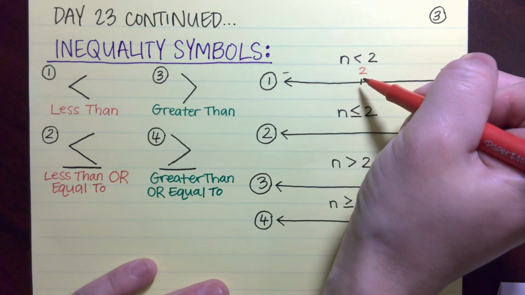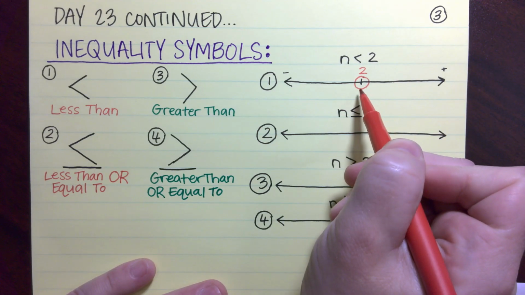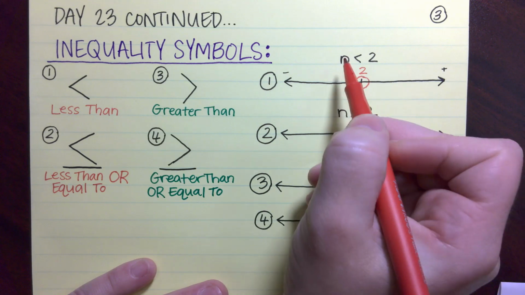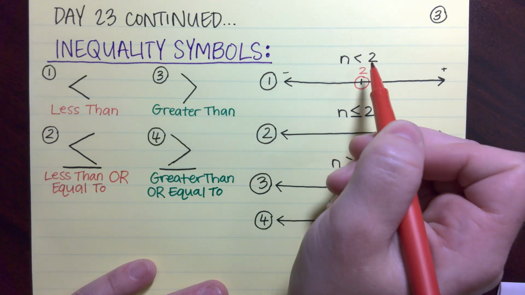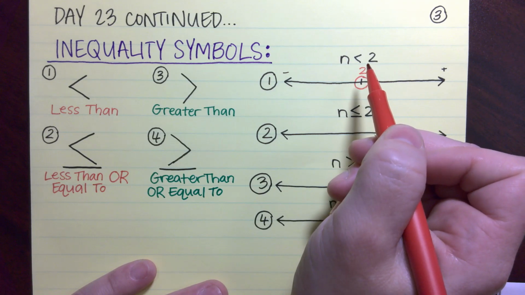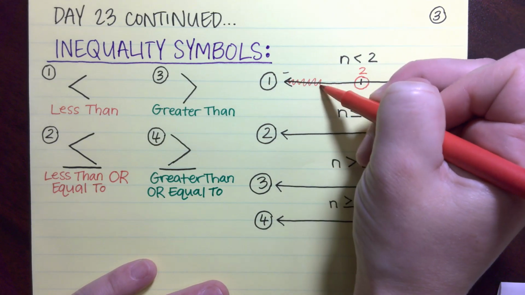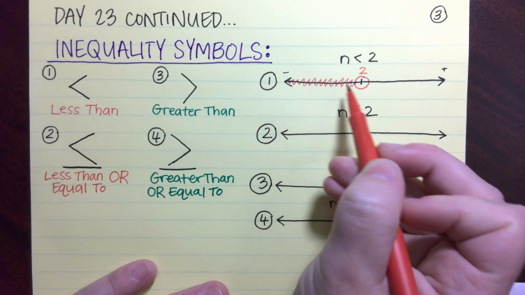Yeah, we got to circle it because this circle is going to tell us can n be included or not. So we don't shade this in because our inequality says n is less than 2. So it can't be 2. It has to be smaller. So now we can do what you said and we'll shade to the left where n is less than 2.